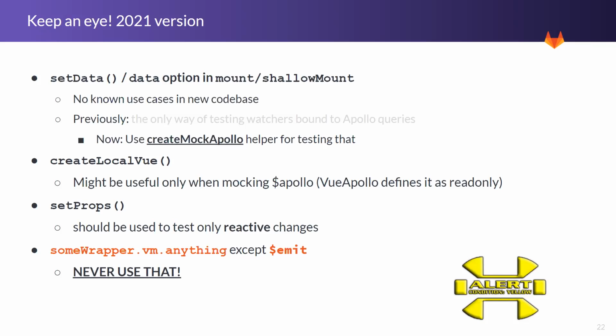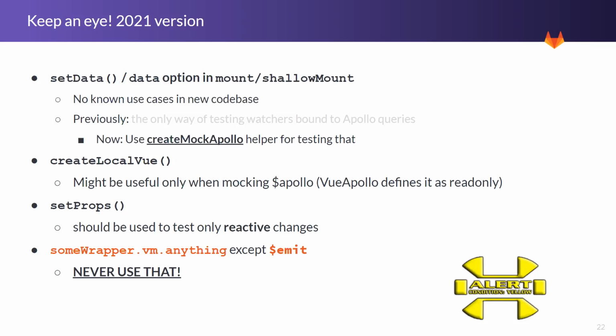Right now, I believe we have one local view usage. If you use mocking $apollo, not using create mock Apollo mentioned in the previous point, but using a direct $apollo mock, you might need create local view because vue-apollo defines this as a read-only property and will complain when Vue test-utils tries to reassign that.